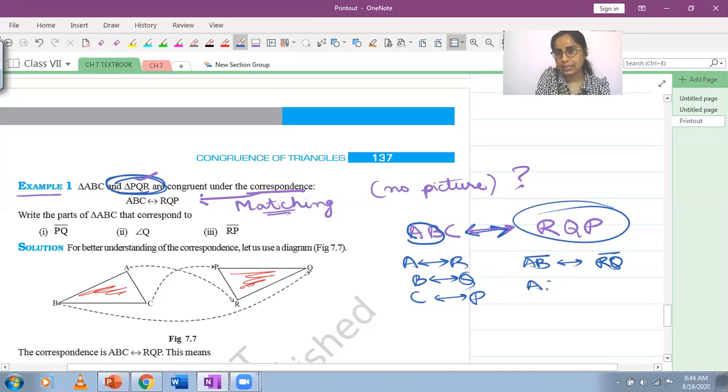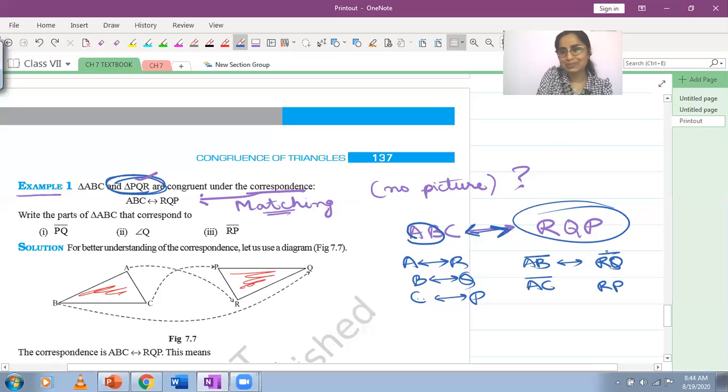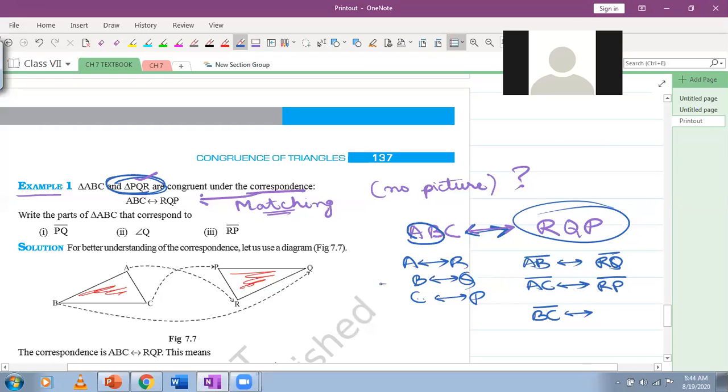What about AC? Side RP. Okay, and again, I put the wrong sign. This should be a line segment here. Matching will be written here. And what about the third side? Side QP.